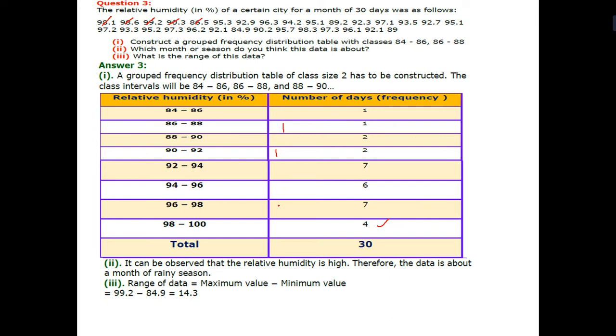It is cut. 92.9. So here we have to do 96.3. 94.2. Again get 95.1. 89.2.